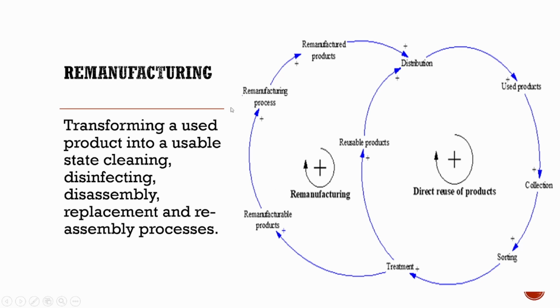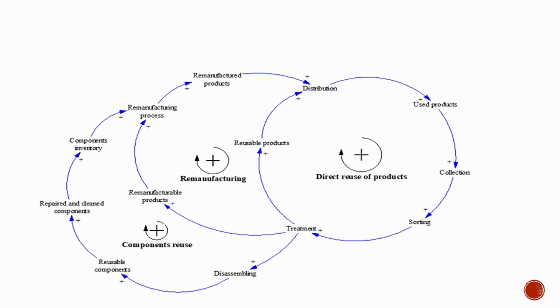After this remanufacturing process, it will join the secondary market. So it focuses on transforming products into usable states by cleaning, disinfecting, and replacing some of its components after a major repair.